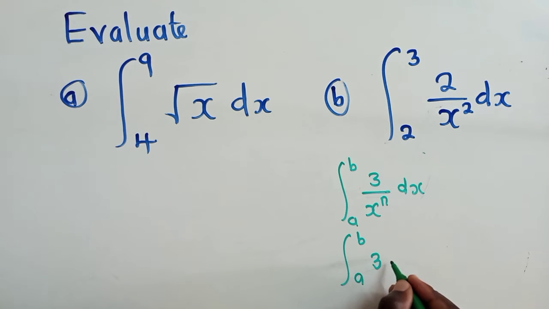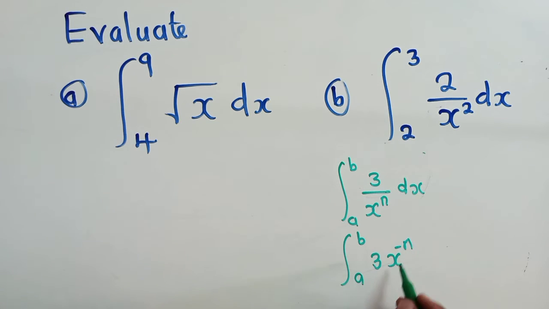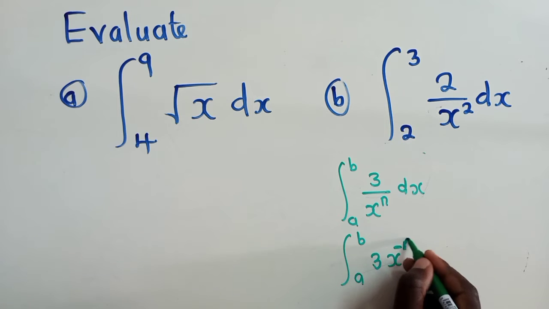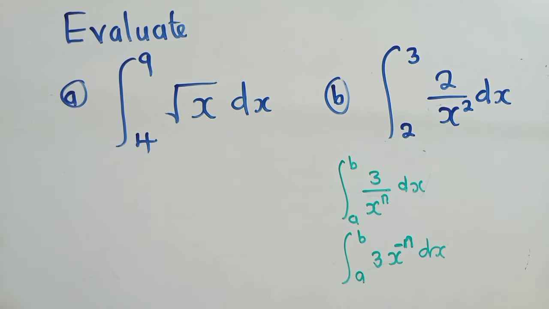Remember, laws of indices are very important in mathematics. So this thing to be integrated needs to go on top, and this is what has happened here. It has gone on top. So we have x power negative n and dx. Now like this, it's easier to integrate.